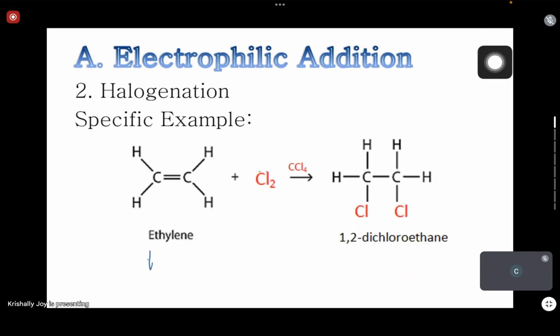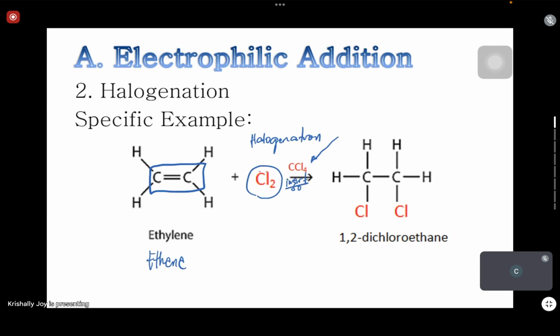Sige, this is a good example. Again, the simplest alkene is ethene. Okay? So the chemical reaction again happens here. Based on this reaction, this is halogenation, kasi what is being added is a chlorine gas. And sabi natin kanina kapag halogenation, di ba, pwedeng dalawang klaseng solvent ang gamitin during halogenation. So pagtingin natin dito, yung inert solvent na ginamit, inert meaning it is chemically inactive, no? Hindi siya nagko-cause ng alteration sa chemical reaction.